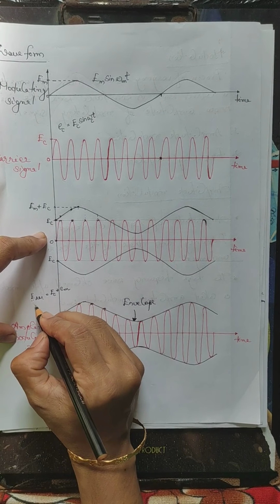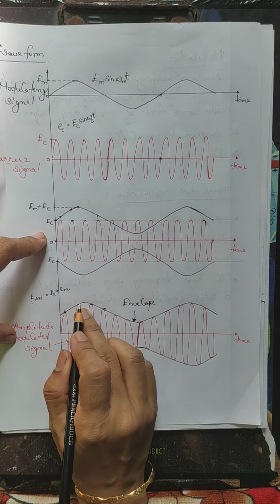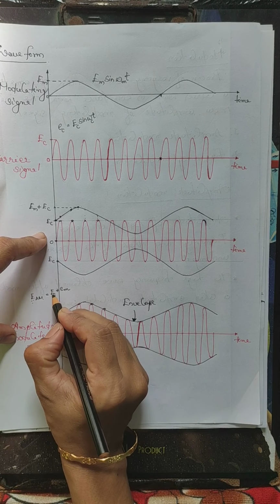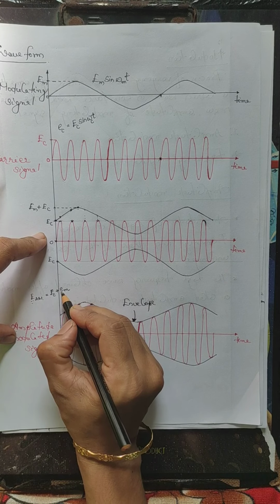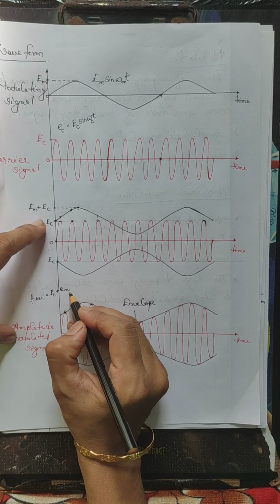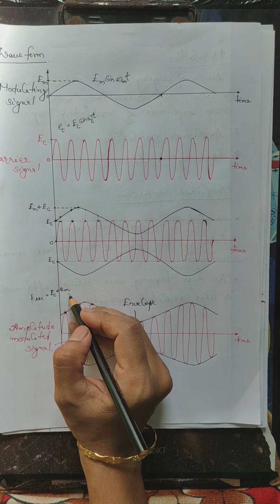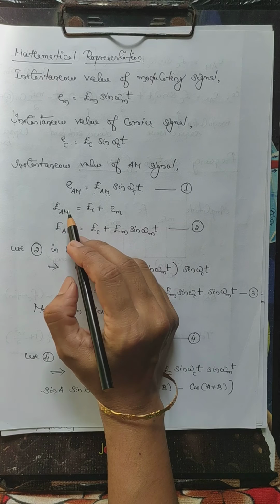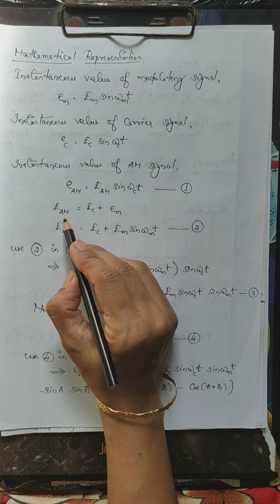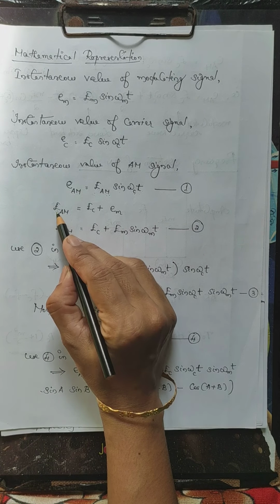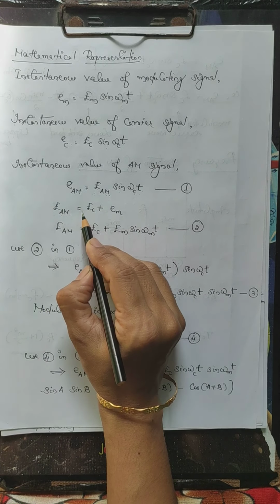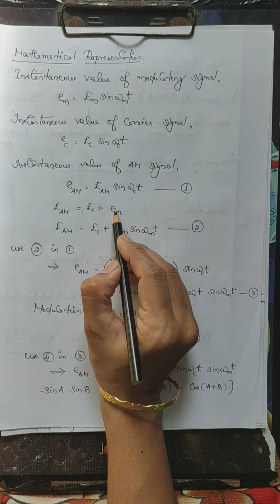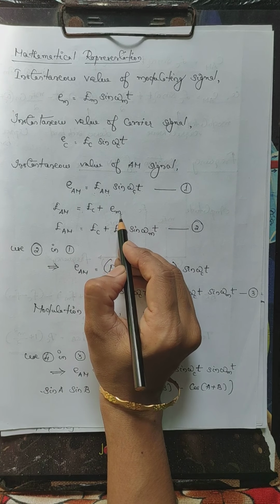So we can write maximum amplitude of the amplitude modulated signal as amplitude of carrier plus instantaneous amplitude of the modulating signal. So it is written here, amplitude modulated signal is equal to amplitude of carrier plus instantaneous amplitude of modulating signal.